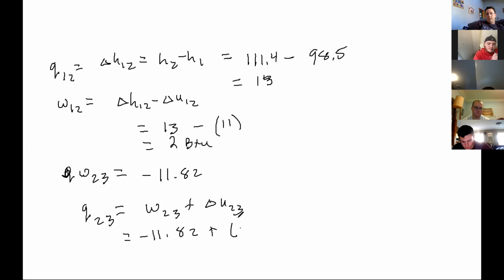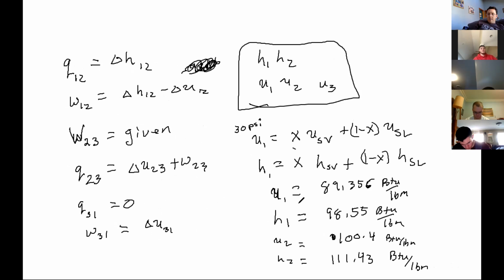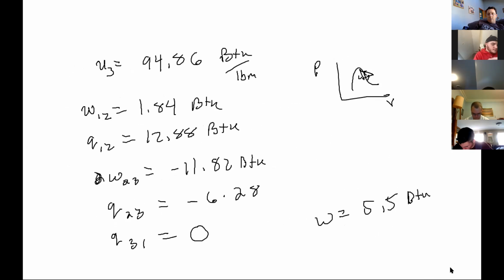So go back to my numbers here. Oh, that's going to be 94.8, 94.9. Let's just call it 95. And U2 is 100.4. So it's 95 minus 100.4-ish.